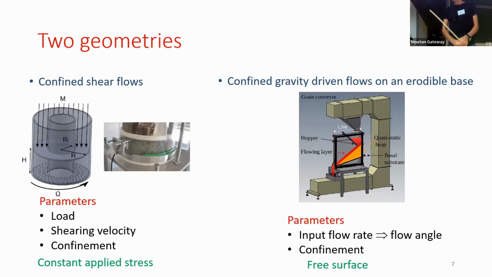And of course, in such a system, you have a free surface, which is not the case for the shear cell. In this system, the angle of the flow depends on the input flow rate. It increases with the input flow rate. And this is for the experiments.